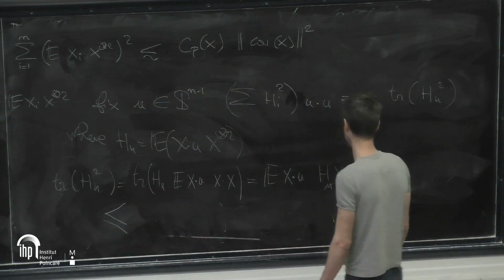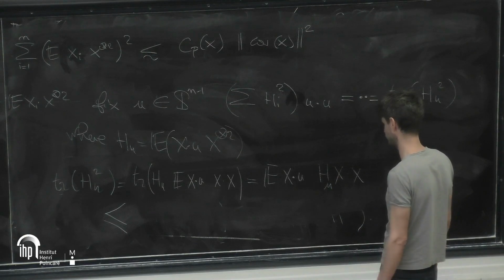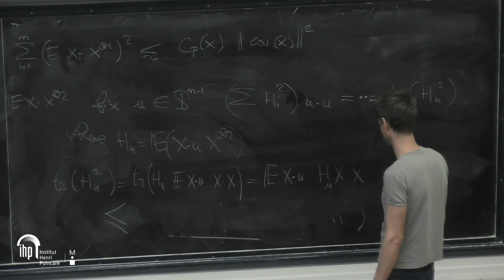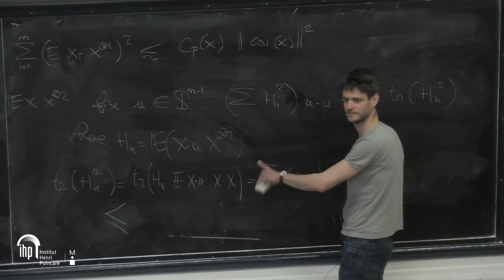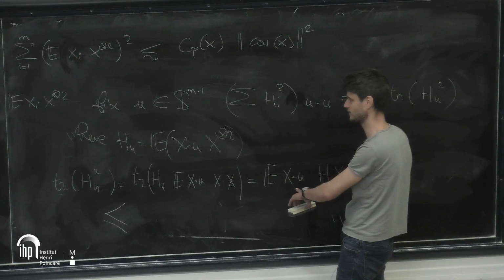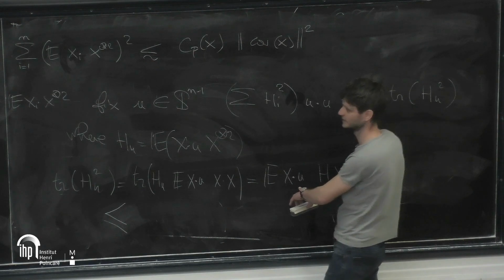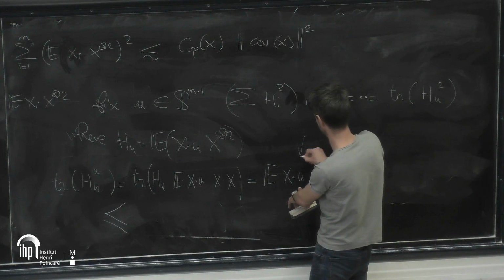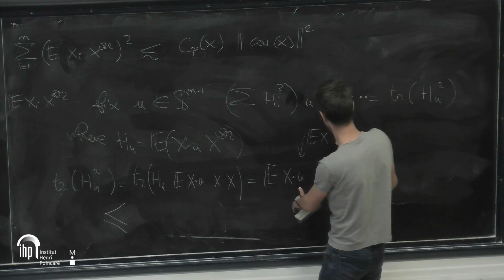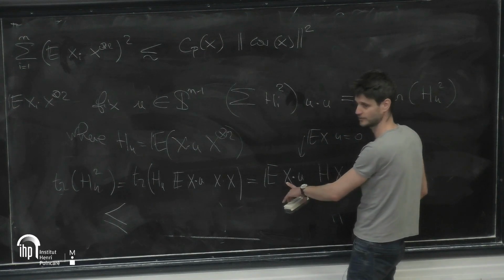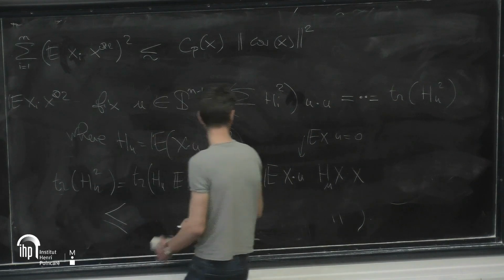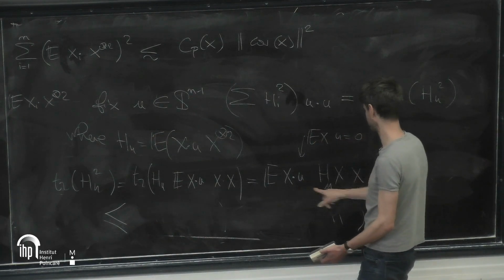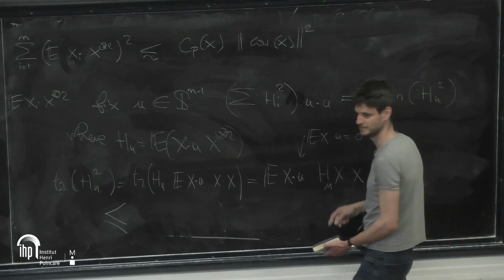Then I do Cauchy-Schwarz. This is the only inequality I know, except that I know a fancy version that was used several times: the vector is centered, so E x is 0, so I can subtract a constant.